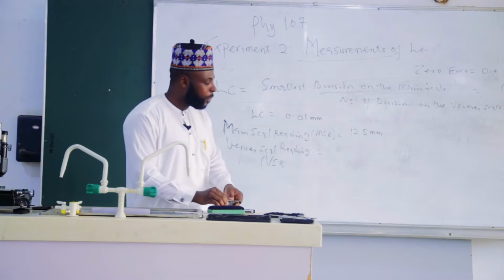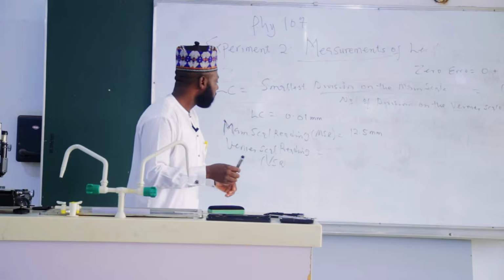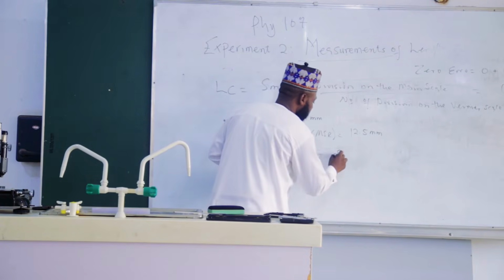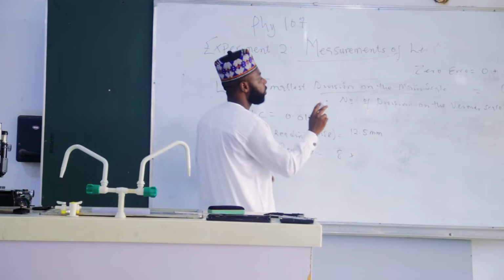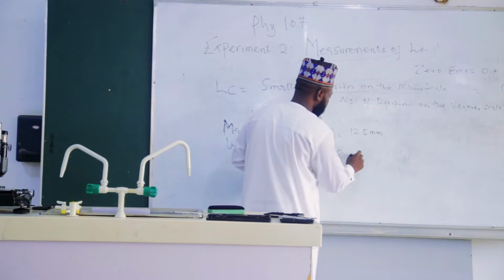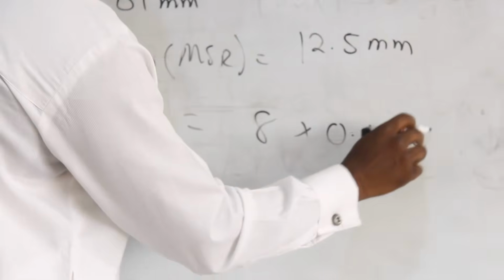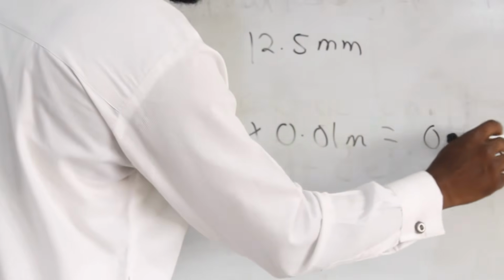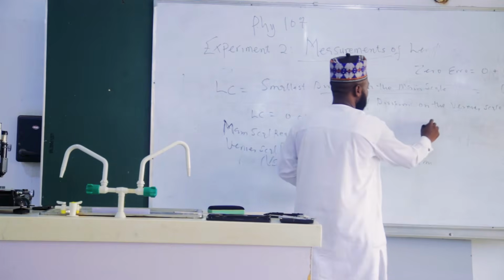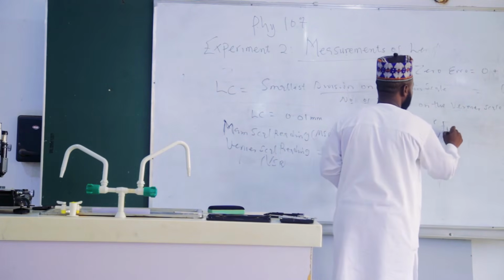We have the 8th division multiplied by the least count, which is 0.01 millimeter, will give us 0.08 millimeter.